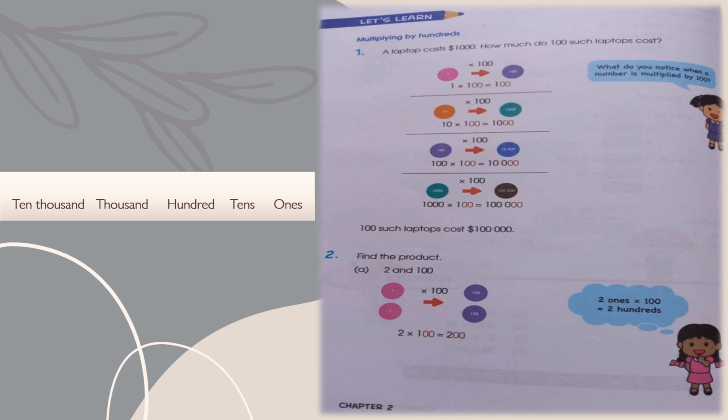Now look at question number 1, which says a laptop costs $1,000. How much do 100 such laptops cost? In order to find that out, you have to multiply $1,000 with 100. If we multiply 1 with 100, it remains as 100.